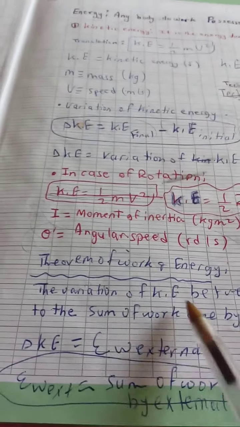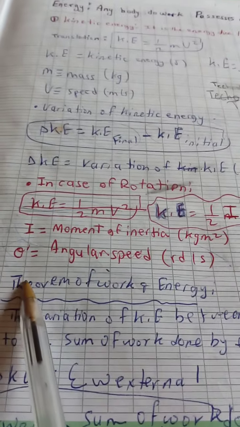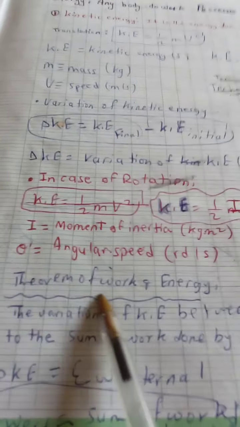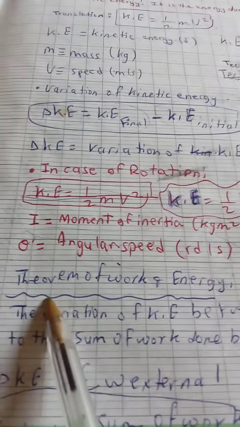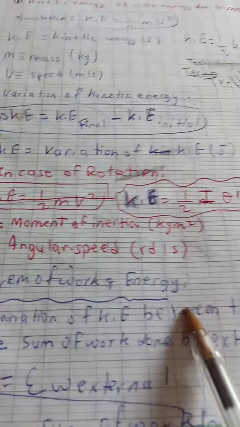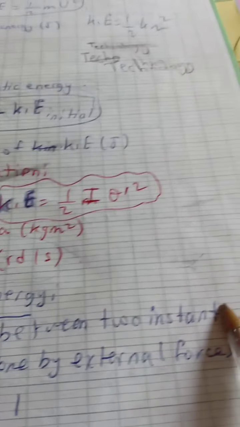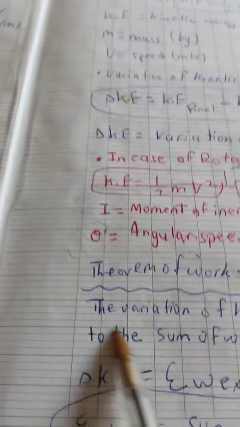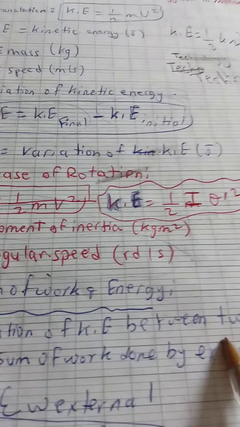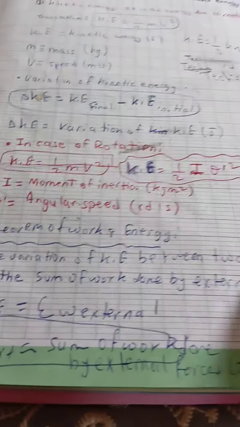But here is some note: we can use our theorem of work and energy. The variation of kinetic energy between two instants equals the sum of work done by external forces.